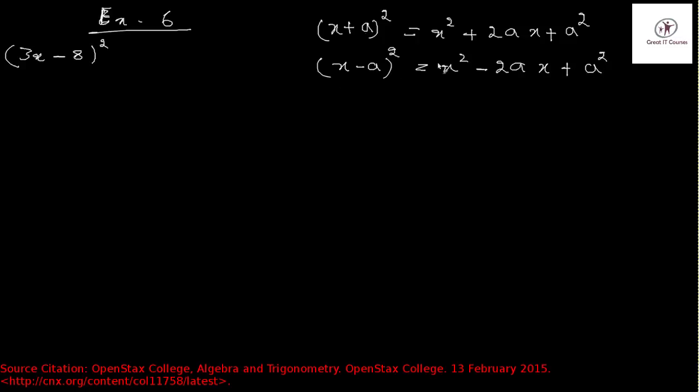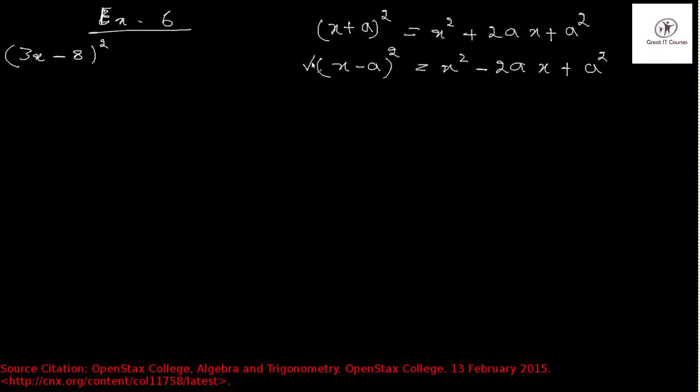If you expanded this, you would get this. Now in this case, we are going to use this one. And so what you're going to do is just expand this based on this, and you are going to have no problems over there.